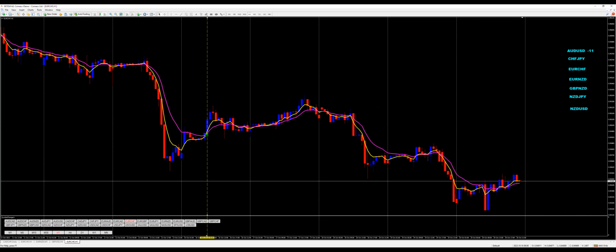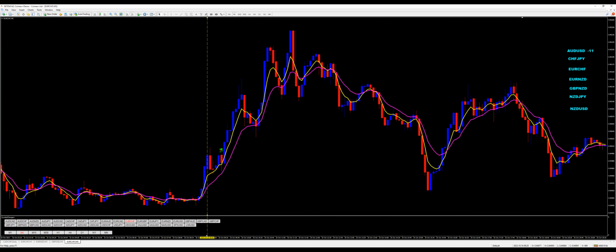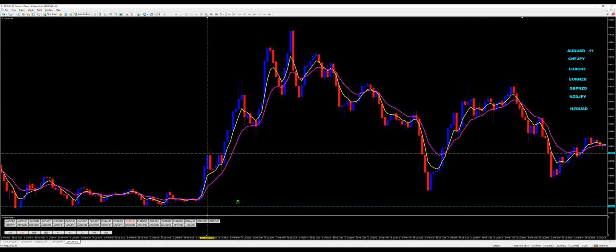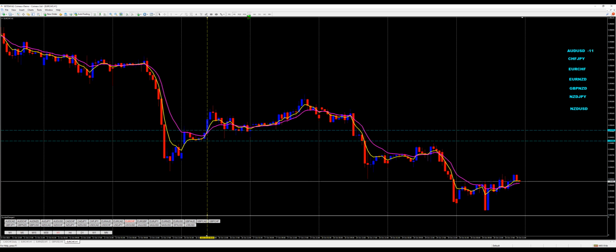Euro Swiss. Euro Swiss is crossing over. Go to the 5-minute. And let's say we set our entry over here. Stop loss to the swing point, so here. That's 10 pip stop loss.